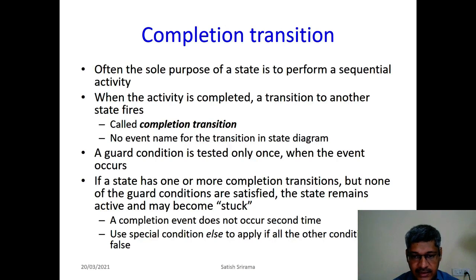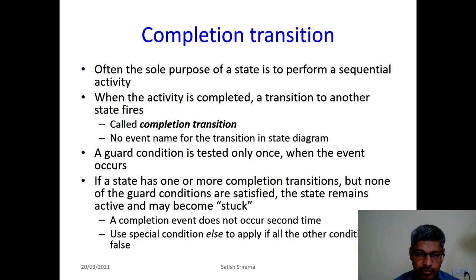So the guard condition will not be checked again, because the completion event will be generated only once, isn't it? The activity is finished, so that generates the completion event. It will not come a second time. So if none of these guard conditions are satisfied, it will get stuck there.